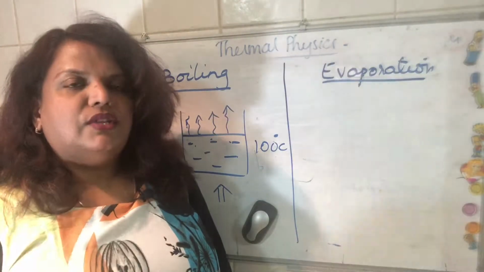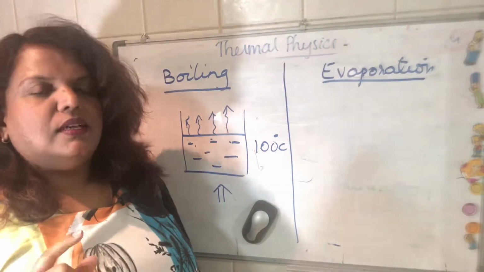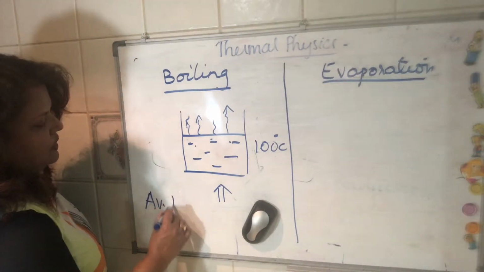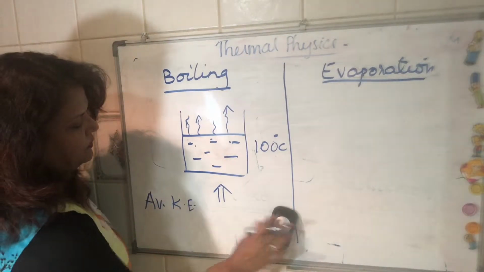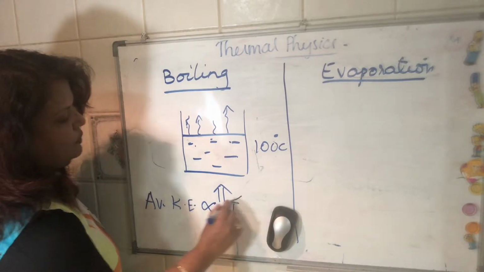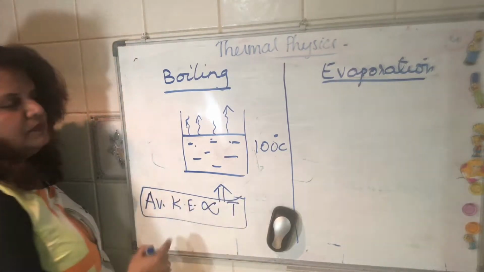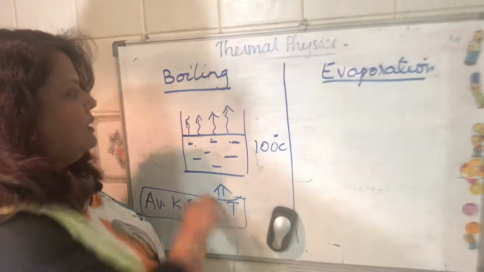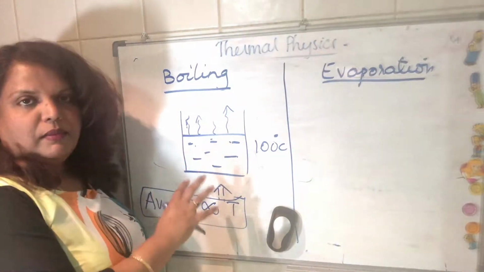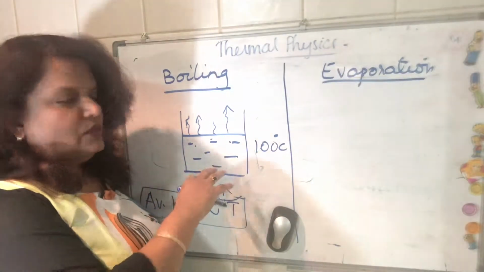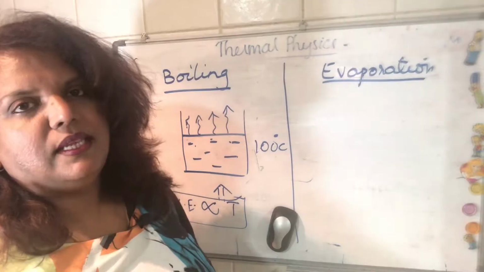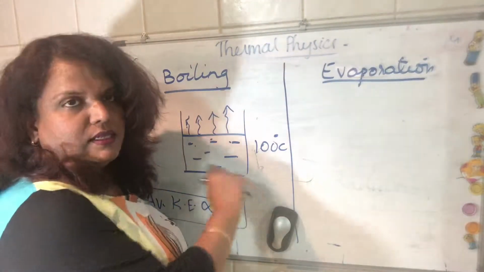Temperature and average kinetic energy of the substances, how are they related? Direct proportion. So average kinetic energy is directly proportional to the temperature of the liquid. This is important. That's what you have to remember, right? So here the average kinetic energy of all these molecules is the same, so they have equal chances to escape the liquid when they reach 100 degrees Celsius.